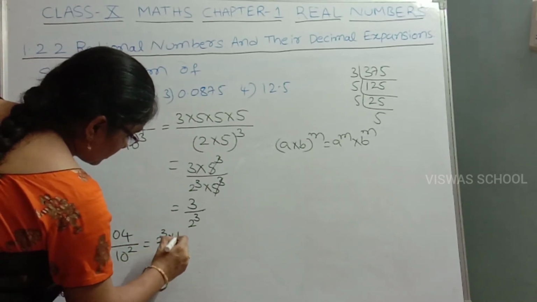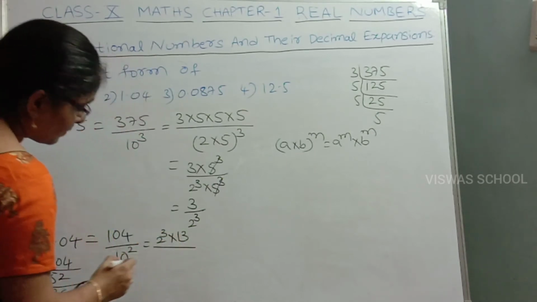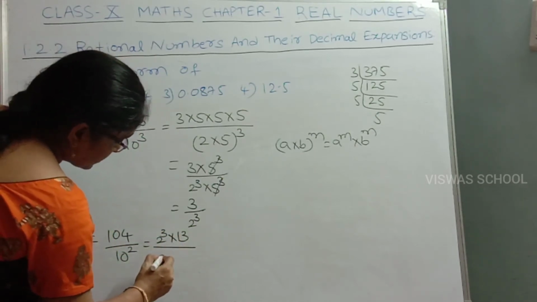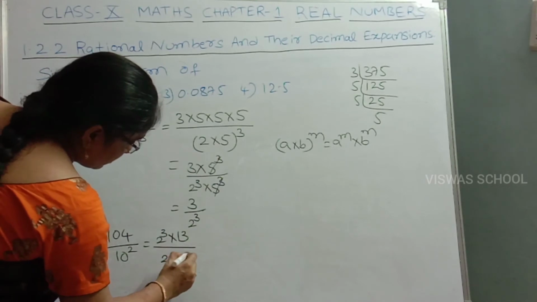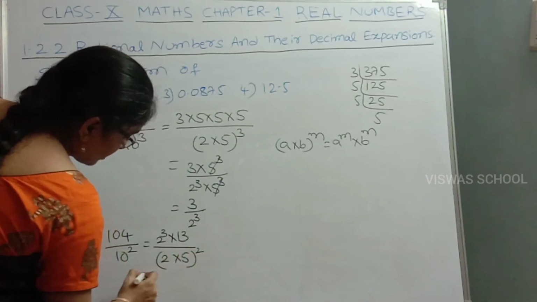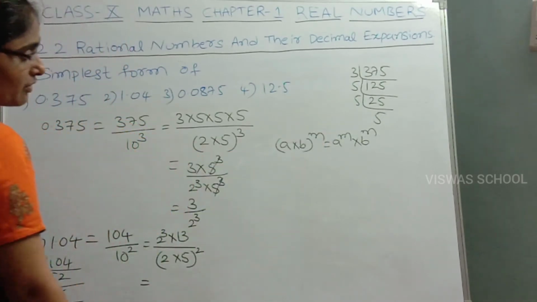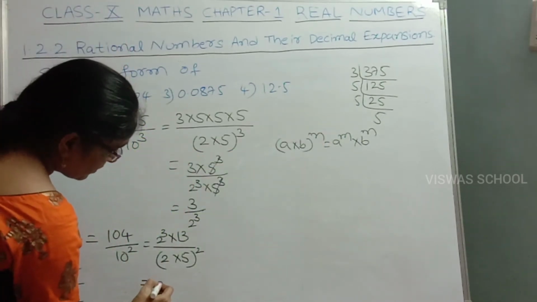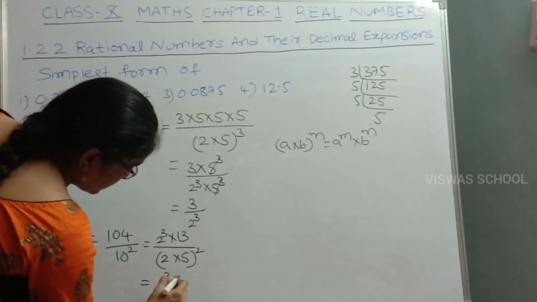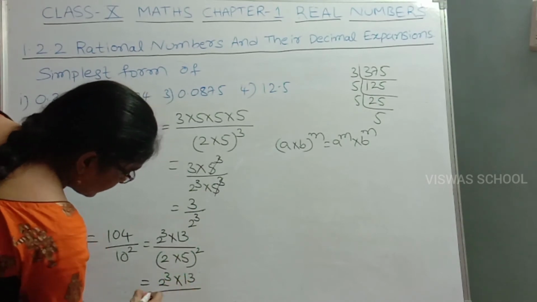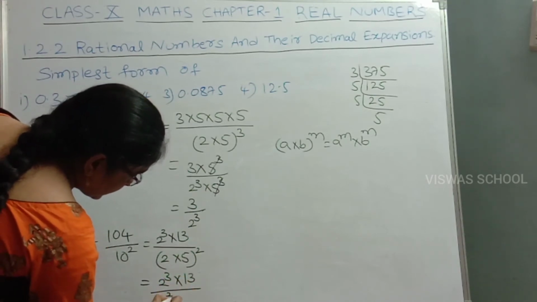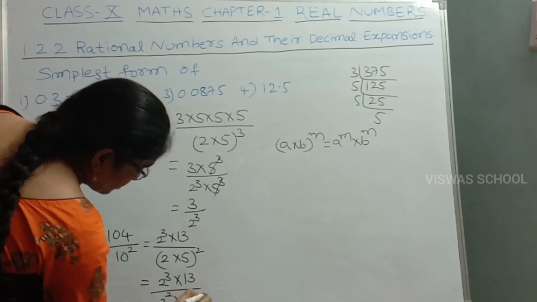By, in the denominator, 2 into 5 whole square. Again it is in the form of A into B whole to the power of M, A power M into B power M. That is 2 cube into 13 by 2 square into 5 square.